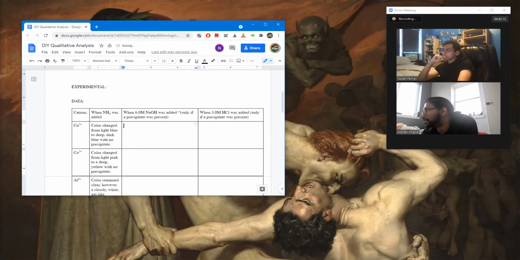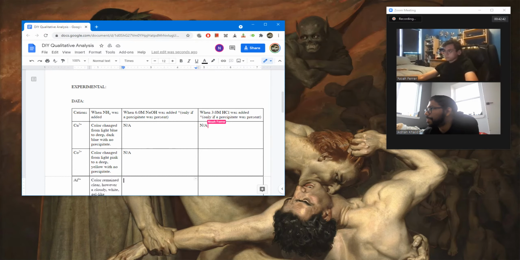Only if a precipitate was formed, so only for aluminum and iron. This is when applicable for the next section too.